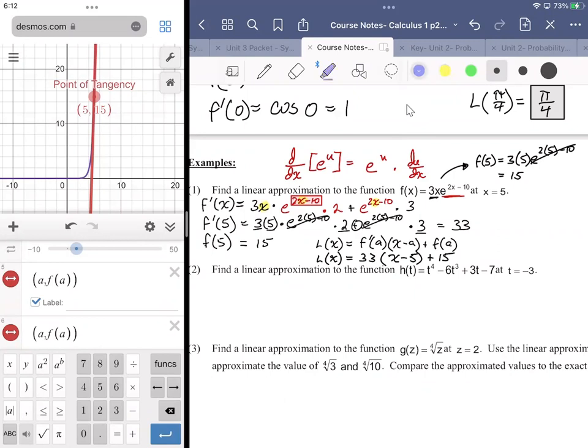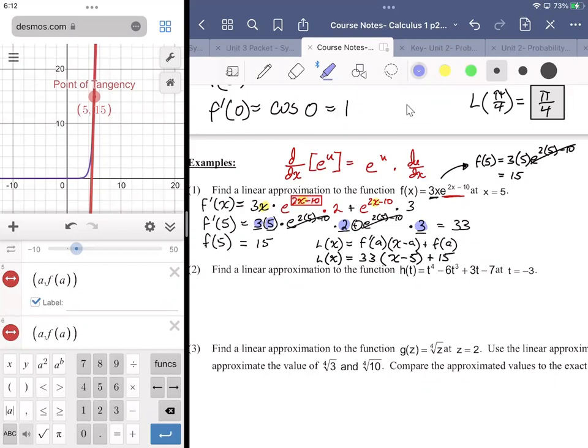So this whole expression here and this expression here would go to 1, right? Because e to the 0th would be equal to 1. So 3 times 5 times the 2 here would give me 3 times 5 is 15, times 2 is 30, plus a 3 would give me a 33.